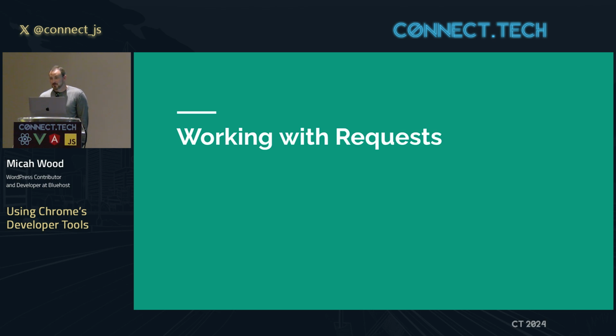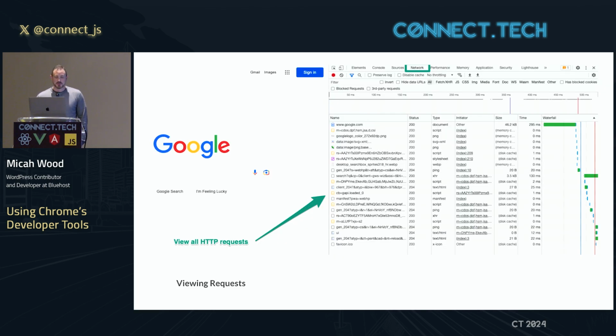So, more exciting, working with requests. If you open up DevTools, there's a network panel, and you reload your page, and everything that loads on the page, all the requests, meaning your HTML requests, your JavaScript, your CSS, all your AJAX calls, fetch calls, third-party Twitter API, whatever you have going on, all of those requests are going to show here.